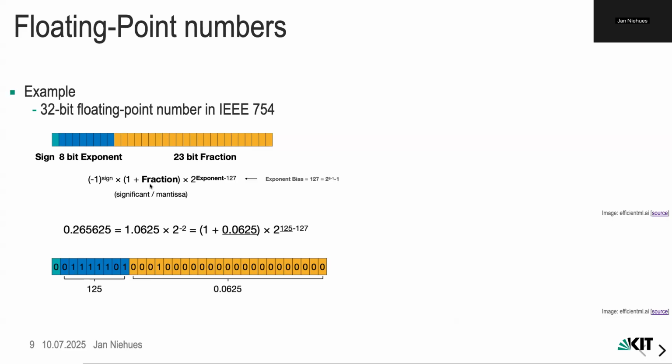And then in order to get the number, you're saying -1 to the power of the sign, times 1 plus your fraction, so what you have here as a number below 1, and then times 2 to the exponent. And so here the exponent will be -2, the fraction is 0.625, and then the final number is this one here. So these are the typical ways of how we represent numbers.